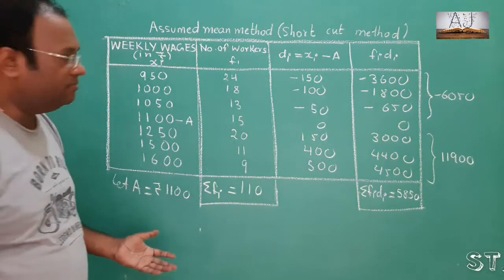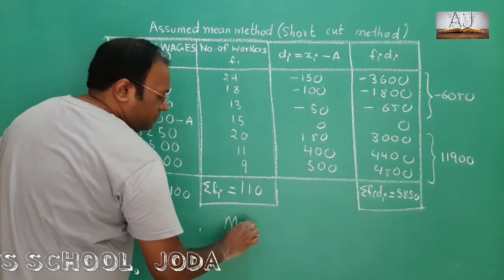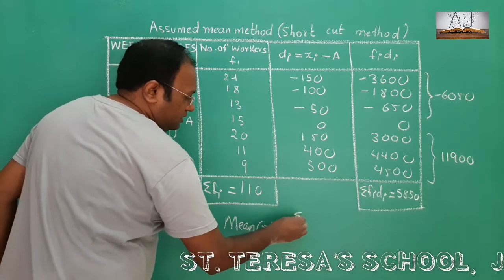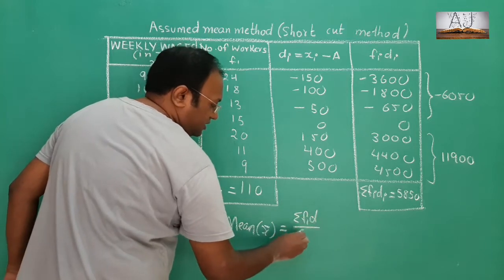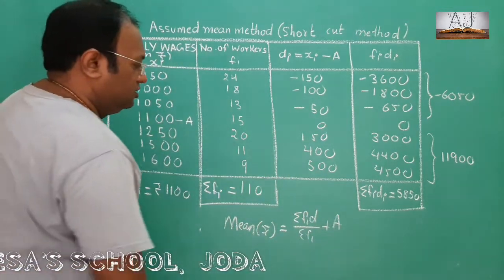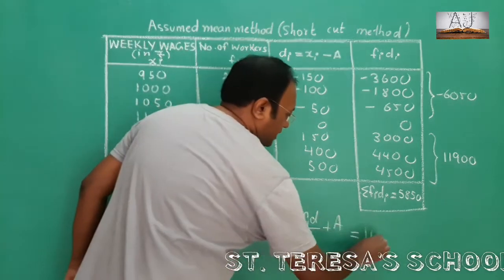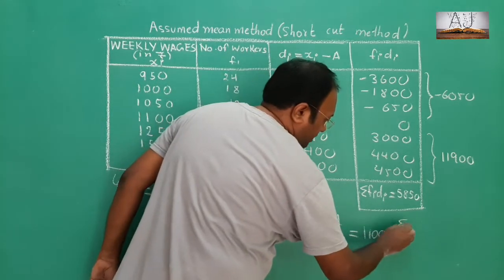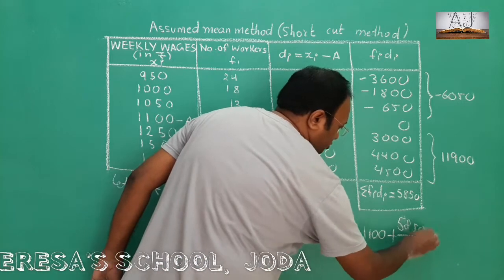Now we need to find the mean by the assumed mean method, the shortcut method. What's the formula for this? Mean is equal to A plus sigma FiDi over sigma Fi. So first I'm adding A, 1100, plus sigma FiDi over sigma Fi, 5850 over 110. The zero gets cancelled.